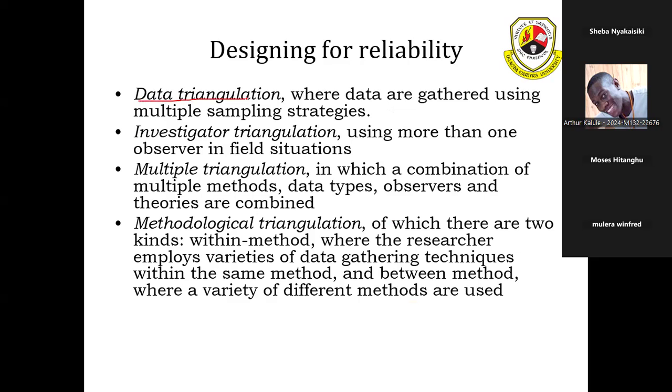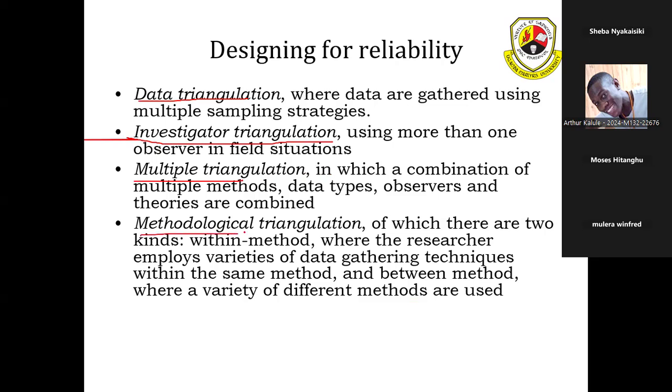Data triangulation, I think I've reported this out clearly. If you're doing research, depending on how much money you have, if you can have another person who observes and then also gives you feedback, so that it's not just your observation. Multiple triangulation, this is where you use more than one method.